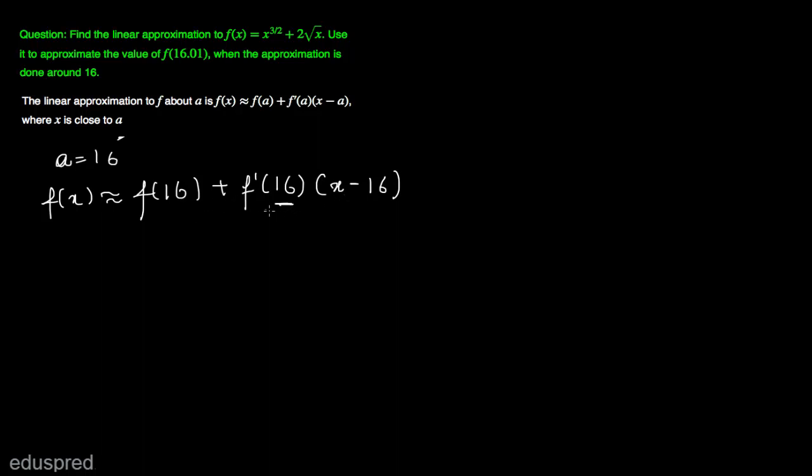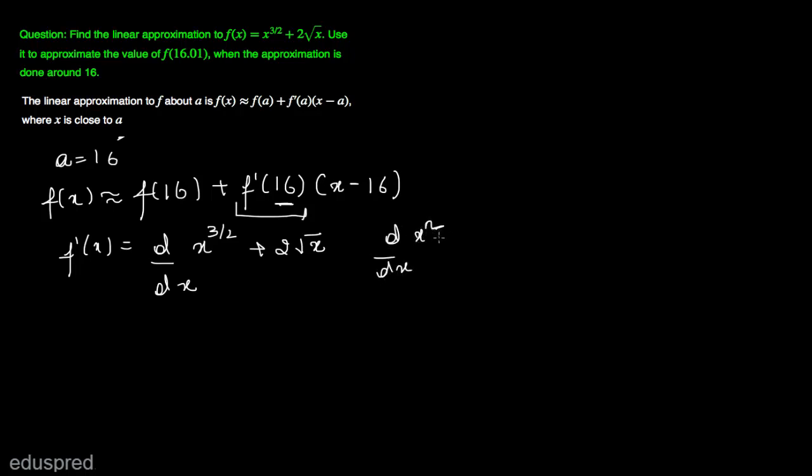In order to solve this expression, we first have to find this value. That is, f'(x) is equal to the derivative of x^(3/2) + 2√x with respect to x. Now from your basic math courses, you must know that the derivative of x^n with respect to x, where n is any number, is equal to n x^(n-1).